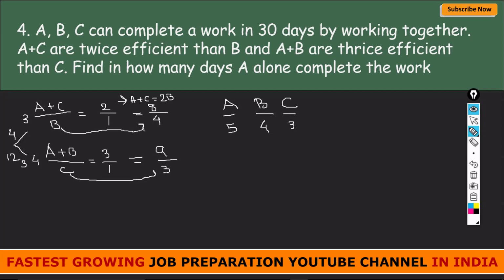Now what my question demands is to find in how many days A alone can complete the work. Total work is equal to 12 into 30. As the number of days was 30, it becomes 360 units.